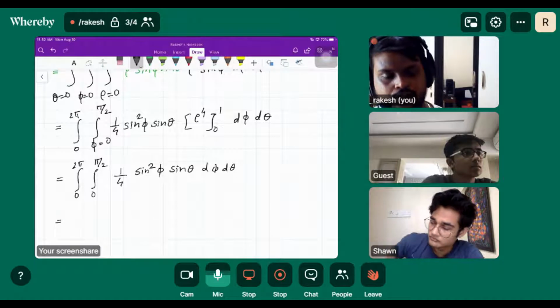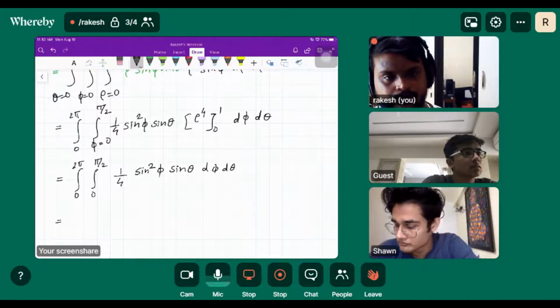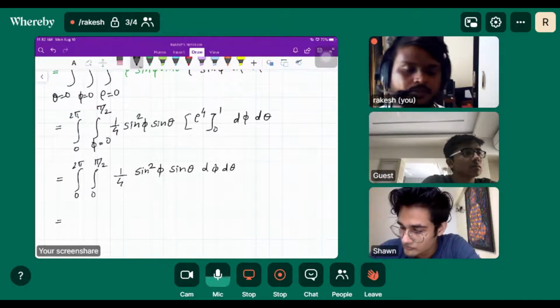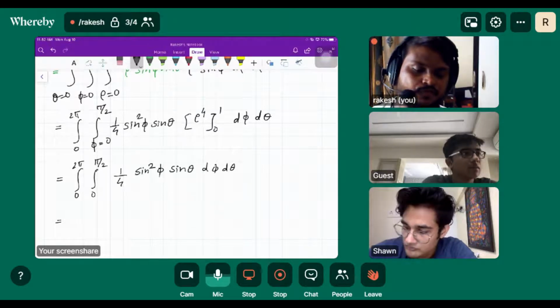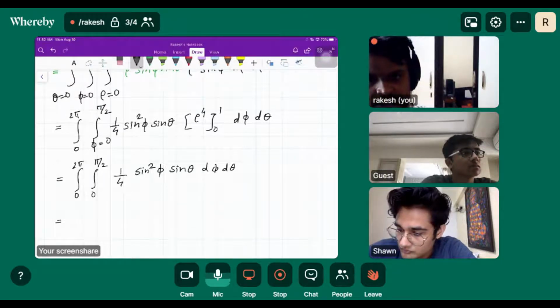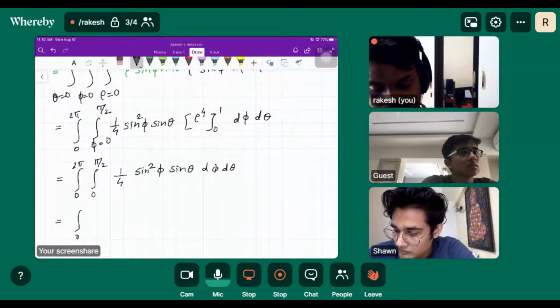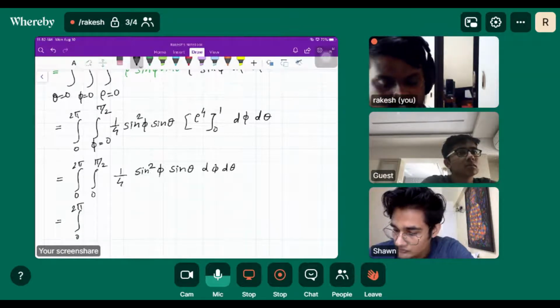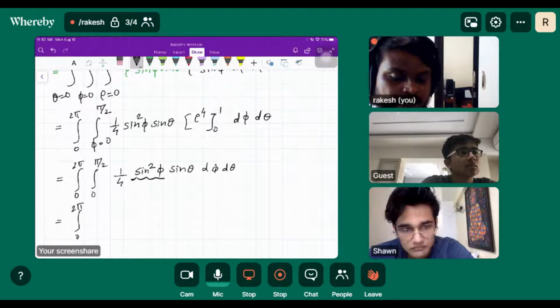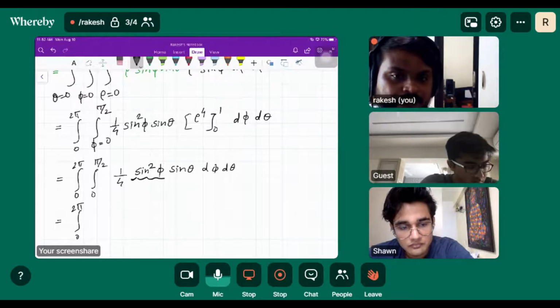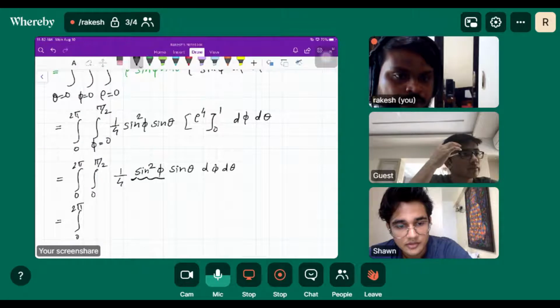You can switch the order anytime. Like for phi and theta, here we have to integrate with respect to phi at this moment. What is the integration of sine square phi? That can be converted into 1 minus cos 2 phi upon 2.